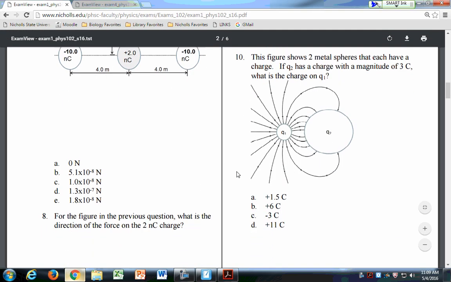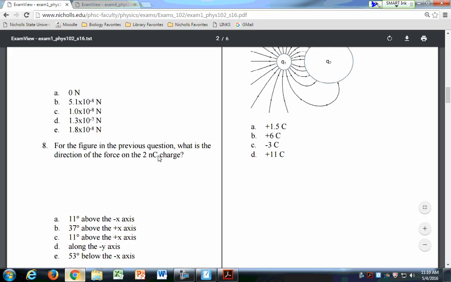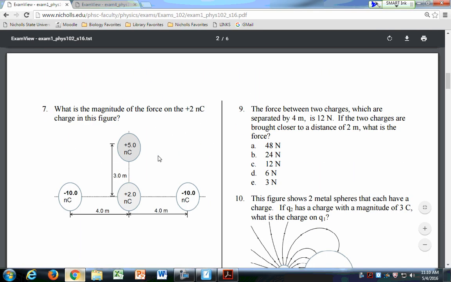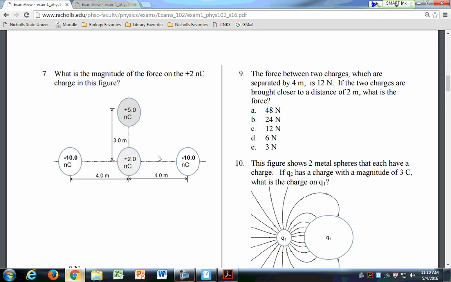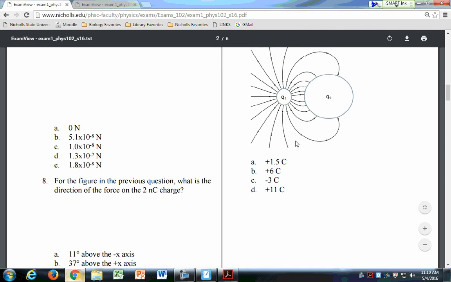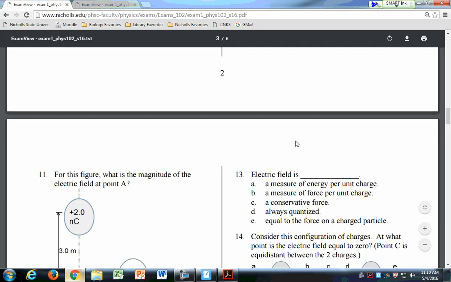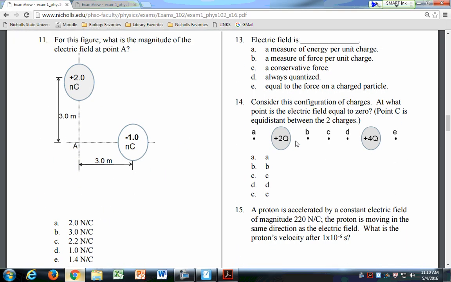Electric field lines, you'll probably need to interpret those and set the direction of forces. Number 7 isn't really a 2D force problem, because the forces here and here cancel out. So why don't we wait until we get to electric fields; there's a 2D force problem there. But you'll definitely see one, like number 11, for example. Here in number 11, you need to know the electric field at this point.